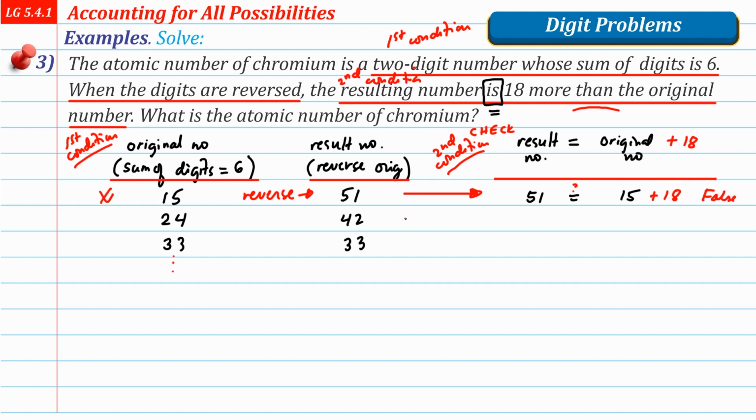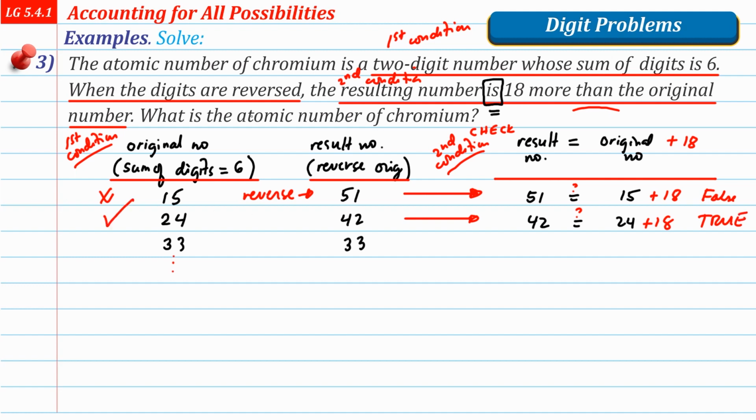Eliminate. Okay, itong next trial and error, resulting number, which is 42, is it equal to original number, which is 24, plus 18? True or false? Sa second pa lang, nakuha na natin, diba?